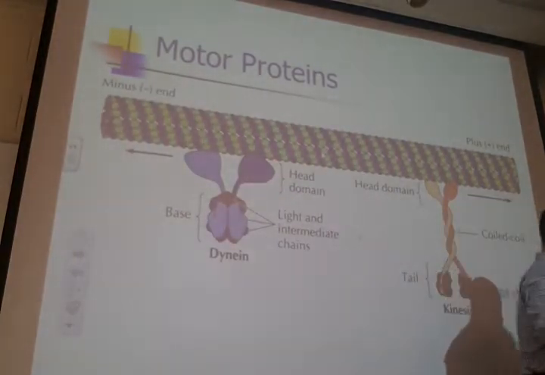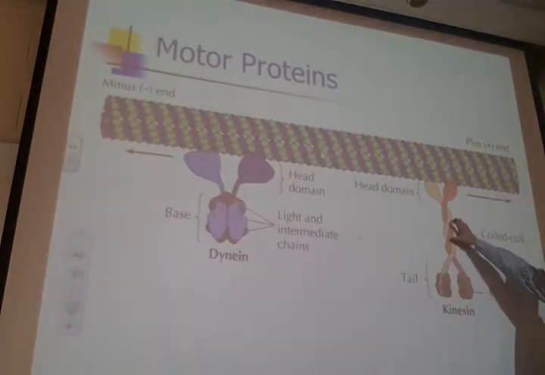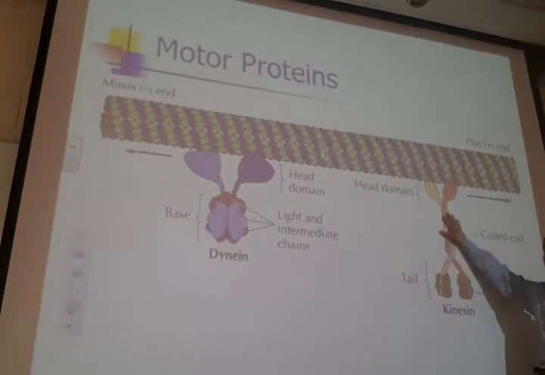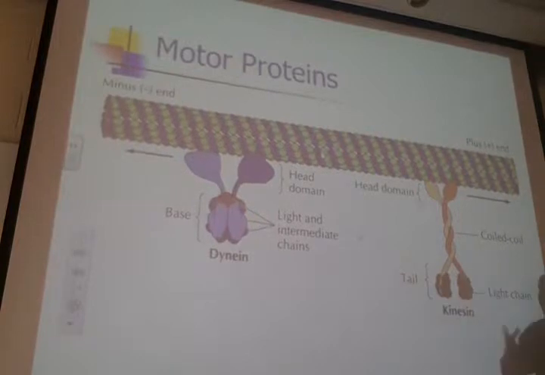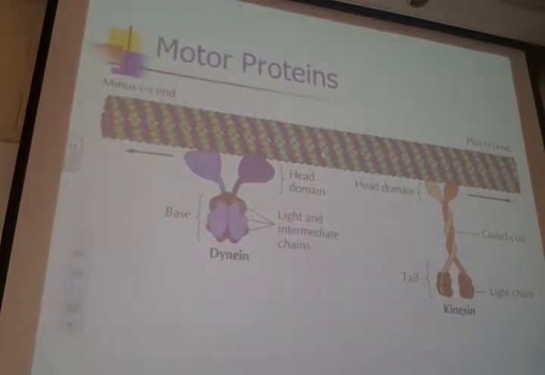And they're a family of proteins because, while they all share that characteristic, so all kinesins walk towards the plus end, they differ in terms of what they're moving. So one type of kinesin moves, say, vesicles. Another one moves mitochondria. Another one moves, if we're in a plant cell, chloroplasts.